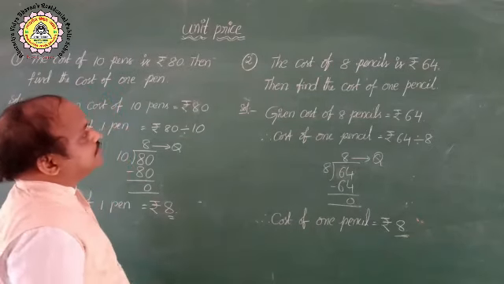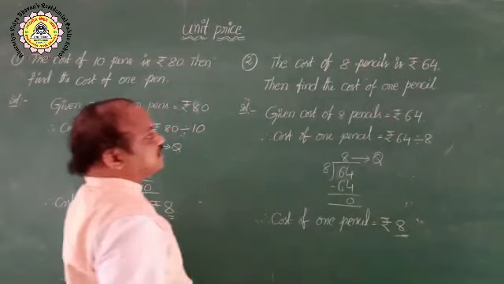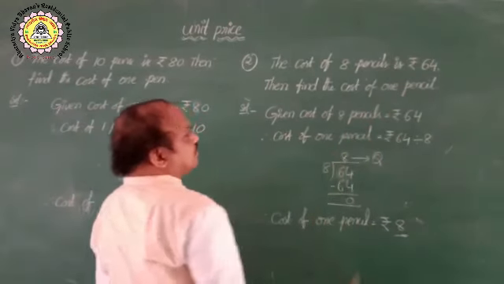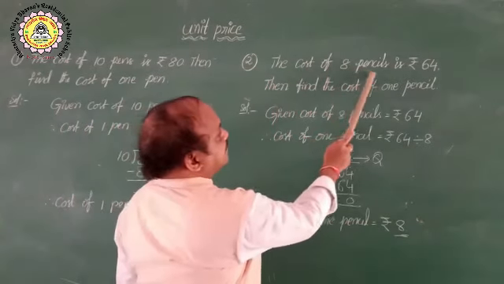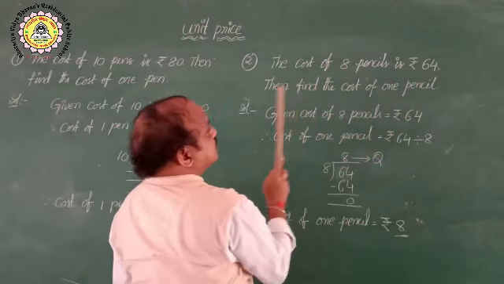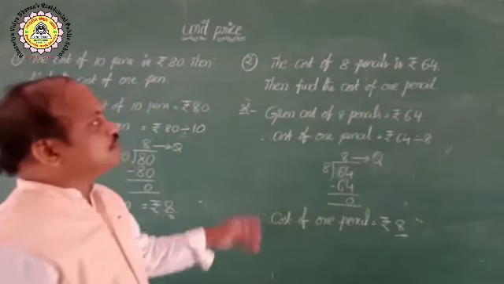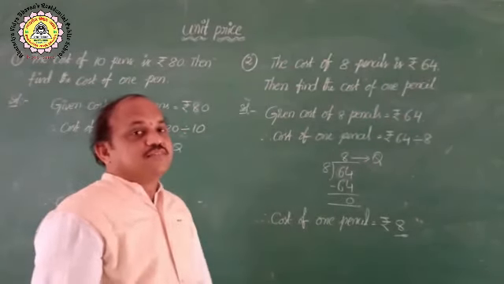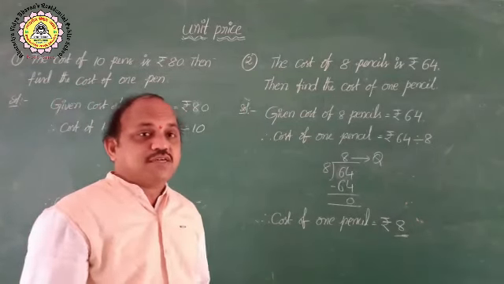See, the cost of 8 pencils is rupees 64. Then find the cost of 1 pencil. Once again I am reading the question. The cost of 8 pencils is rupees 64. Then find the cost of 1 pencil. So, according to the question, what is the data? 8 pencils cost is given.